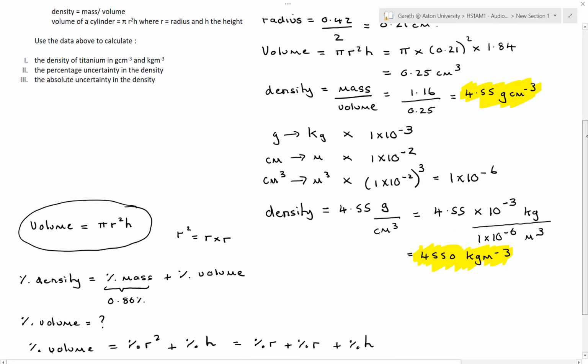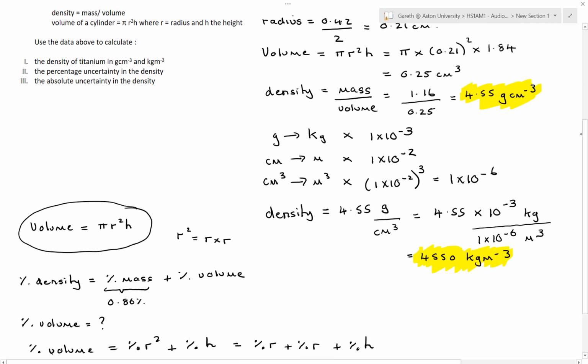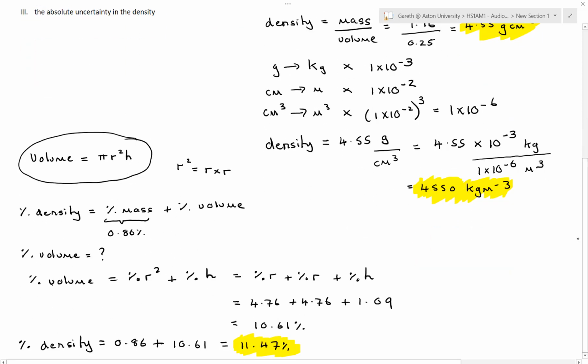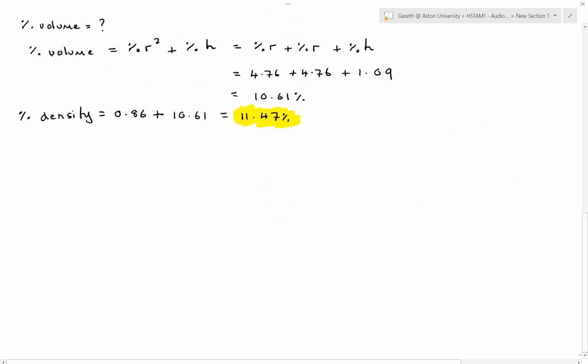The final thing we need to calculate is the absolute uncertainty in the density. So if we recall how we work out percentage uncertainty, it was the absolute uncertainty over the mean value.